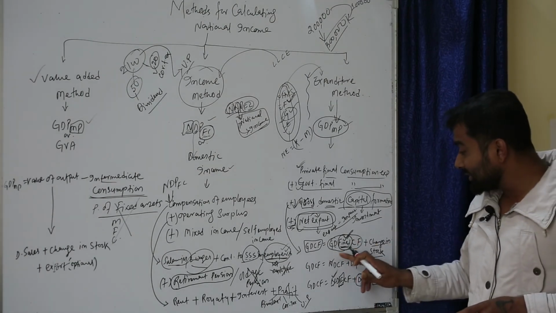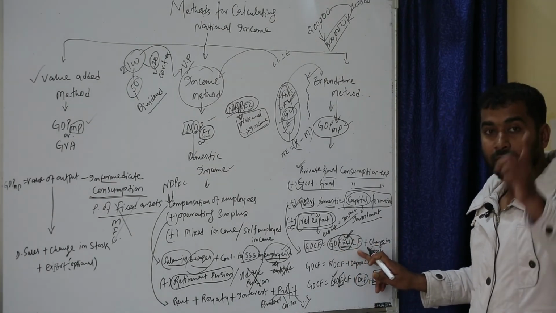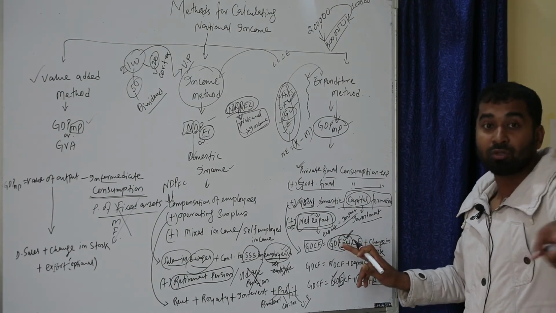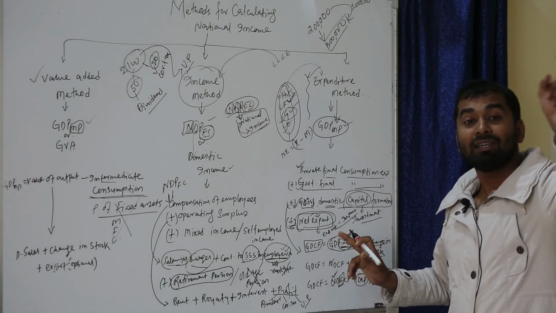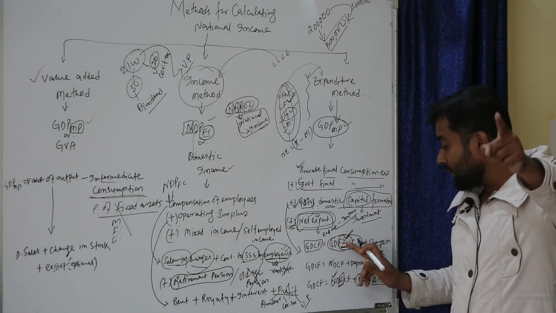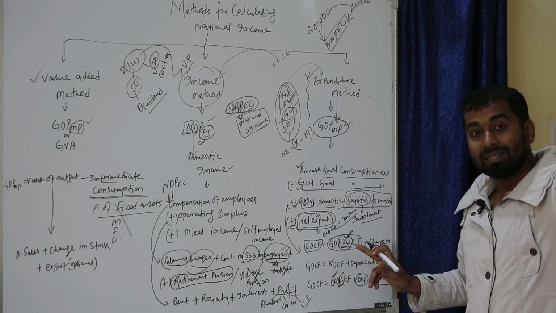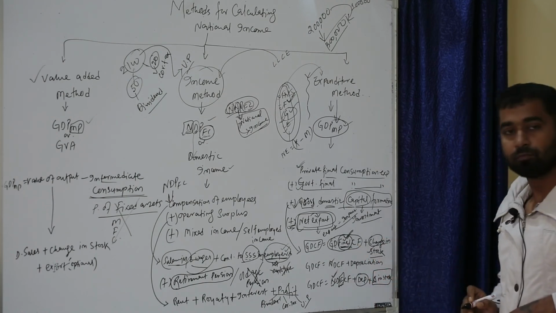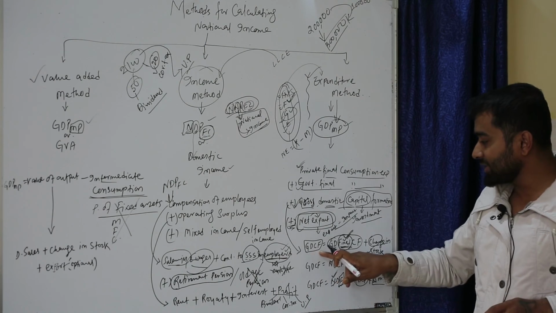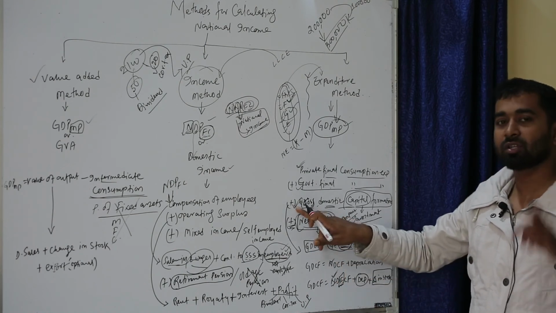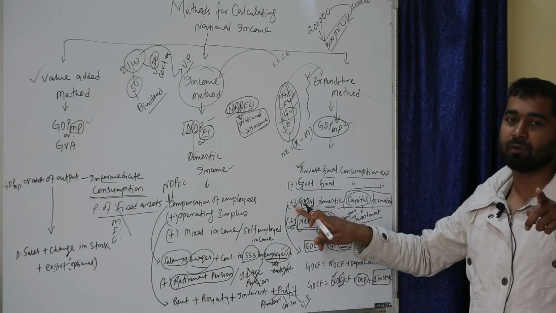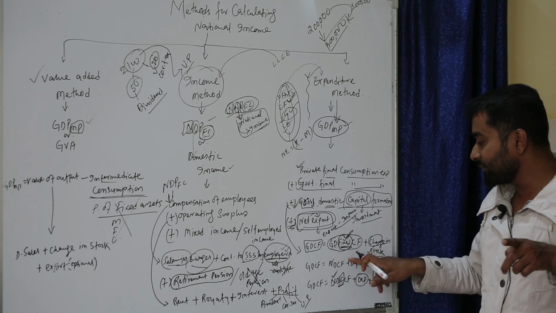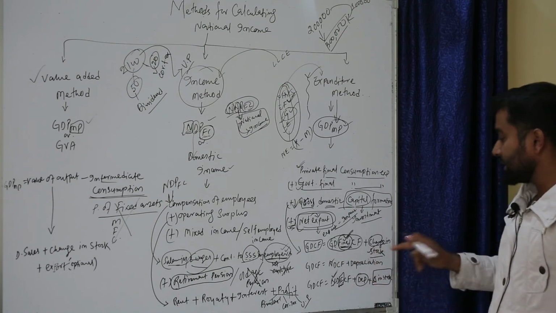So for removing the fixed, I should take change. What change? Change in stock. That's it. If the question does not give gross domestic capital formation, we should take gross domestic fixed capital formation plus change in stock.